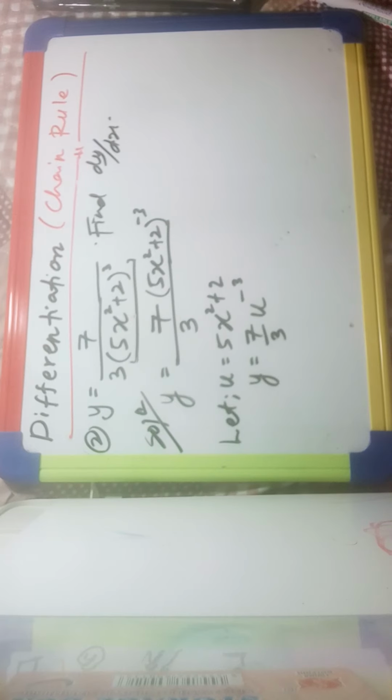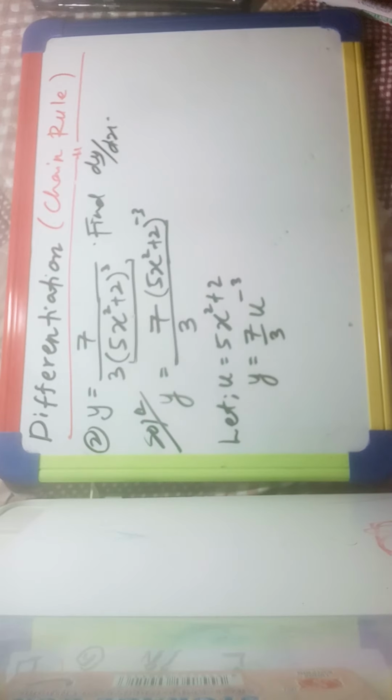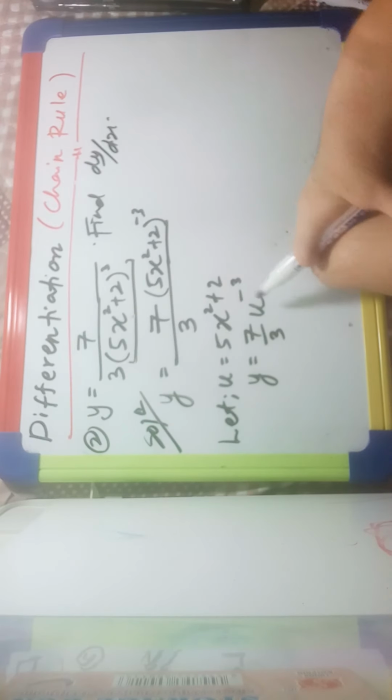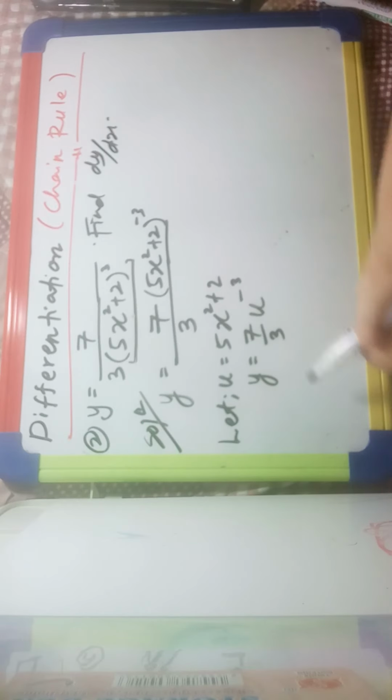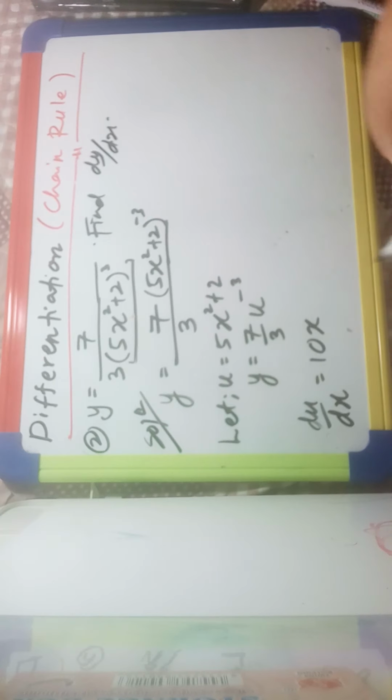The next thing that you should do is differentiate both of them one by one, du dx and dy du. Let's find du dx first. I will differentiate 5x squared plus 2. We get 10x. This is du over dx.